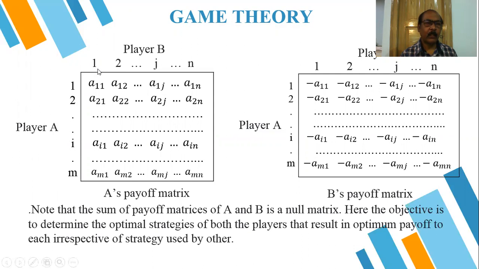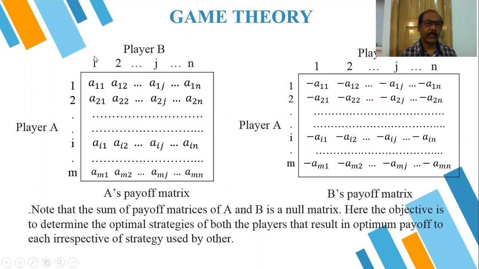And Q1, Q2 up to Qn are the respective probabilities of selecting strategies 1, 2 up to n, or Qj is the probability of selecting the jth strategy, so the summation of Qj, j equal to 1 to n, is equal to 1.